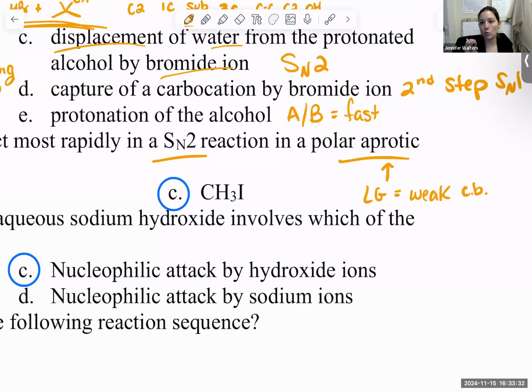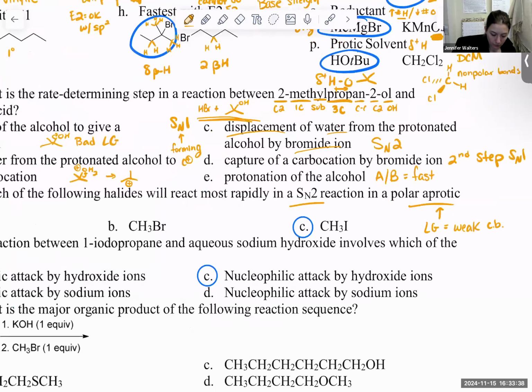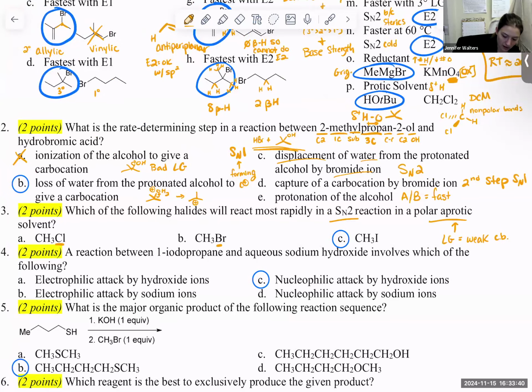So whatever's going to be the weakest conjugate base is going to be the best leaving group. So I'm comparing chloride to bromide to iodide. The iodide is the largest because I'm comparing elements in the same group, in the same column. So I'm using size. The larger you are, the more stable you are, the weaker you are as a base.